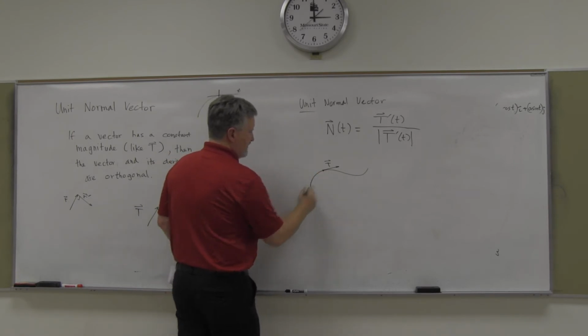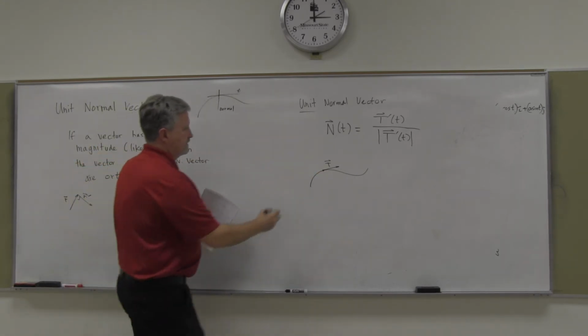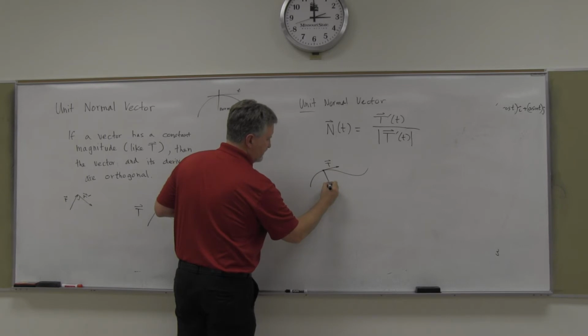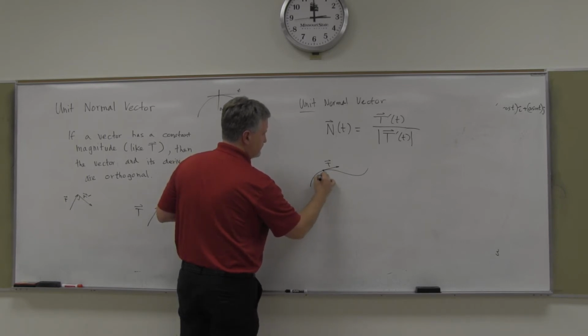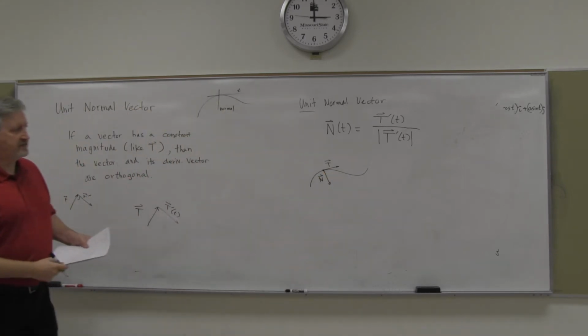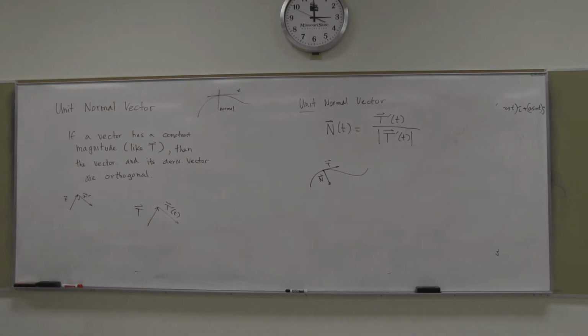The unit normal vector is 1 unit long, and it's orthogonal to the unit tangent vector, just like the normal line was 90 degrees from the tangent line.